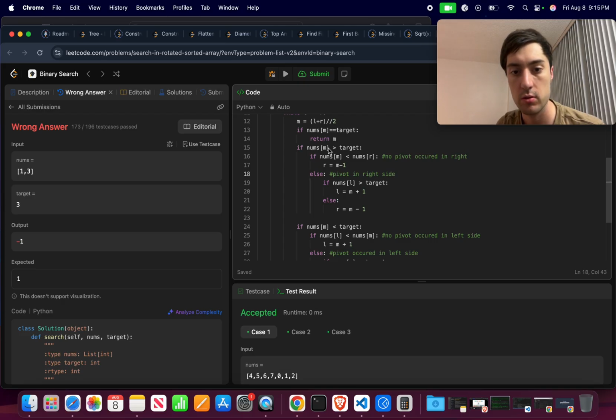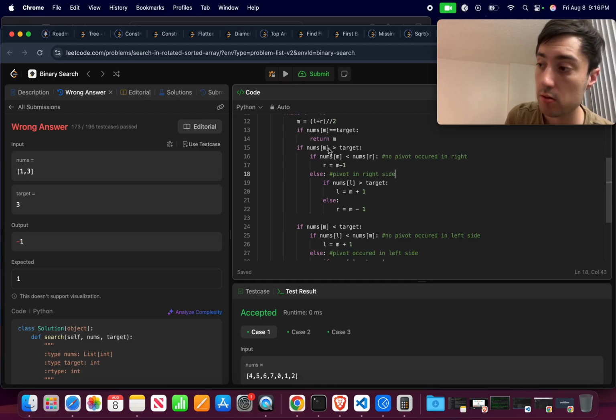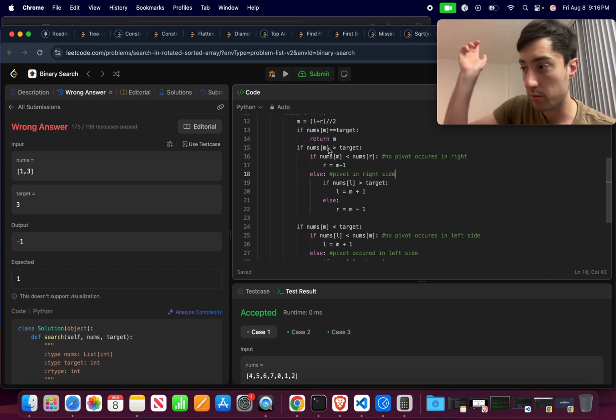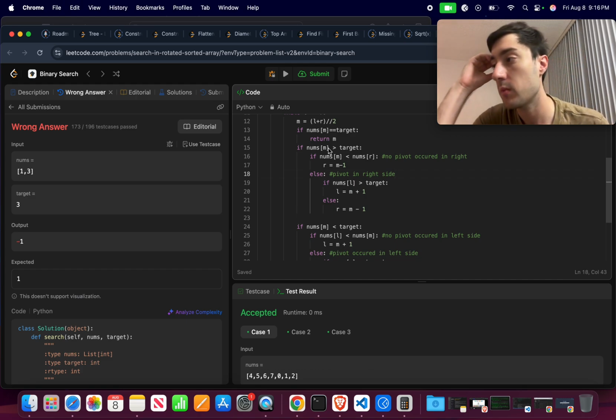No, the mid is too big, so I want something smaller. So that means I look to the smallest number, which is going to be that left. Okay. And if that left is too big, I know everything else is also too big, so I can get rid of it.